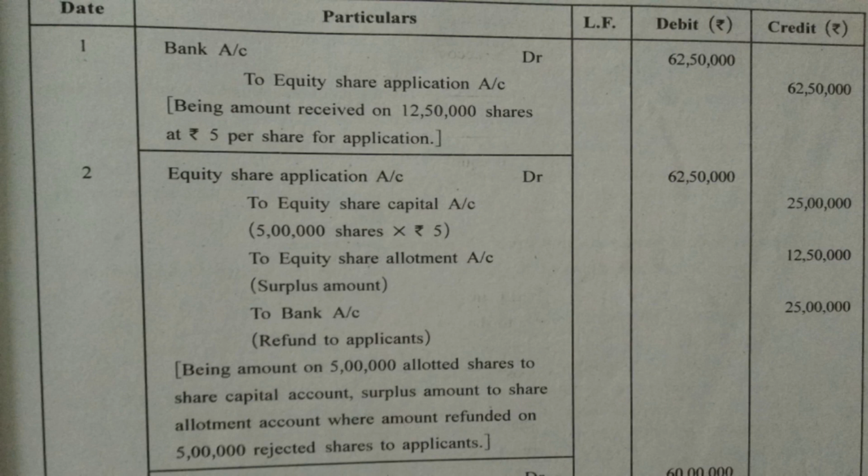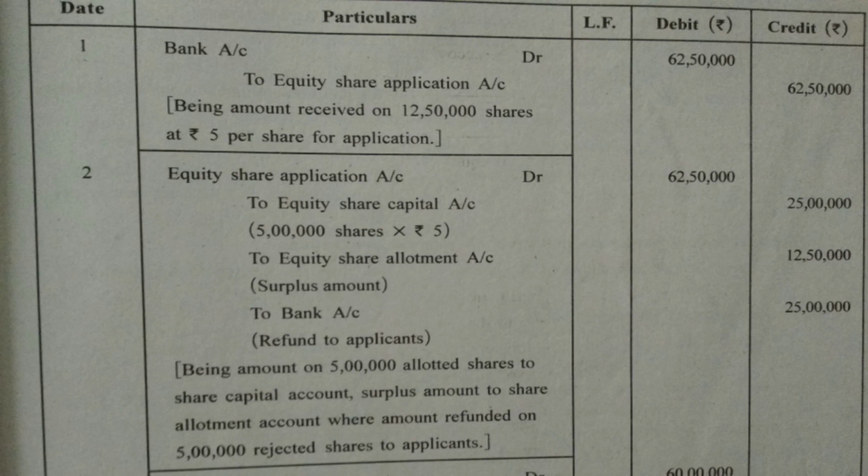It says bank account debit to equity share application account. Obviously, the first journal entry in each and every sum remains the same. There has been no change in this journal entry till date.